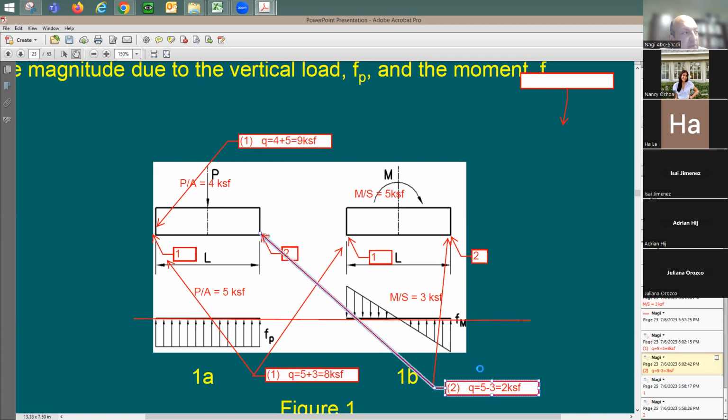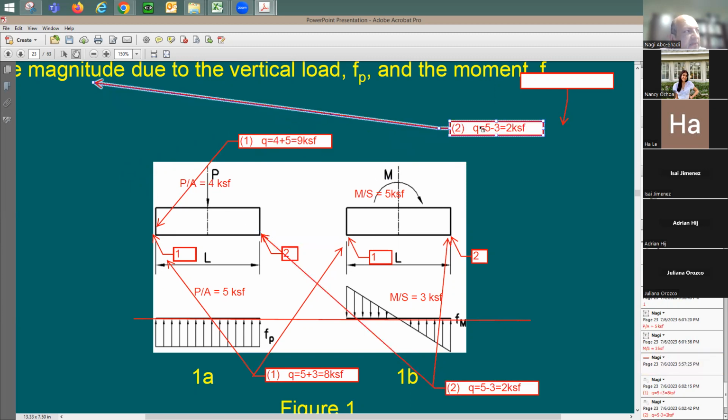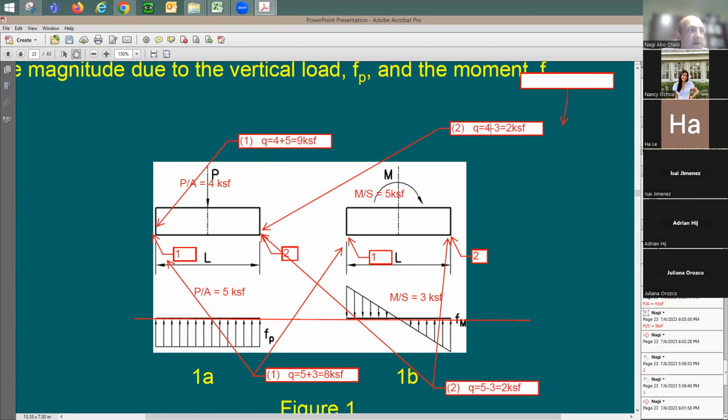But at point 2, it's going to be subtractive. So how about point 2, right? What's going to happen there? It is going to be 4 minus 5. It's going to be minus 1. Is this negative 1 tension or compression?